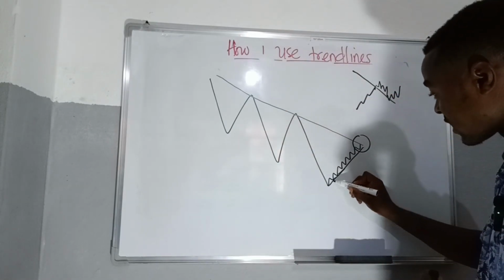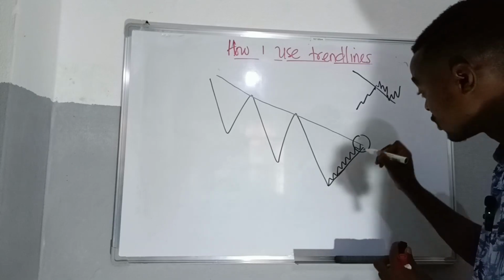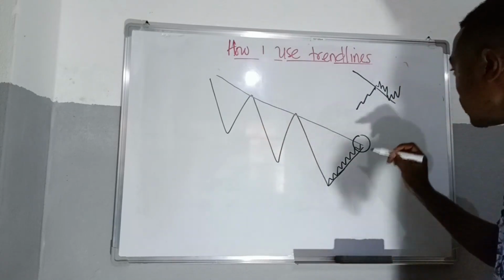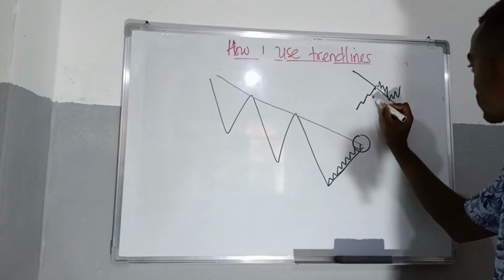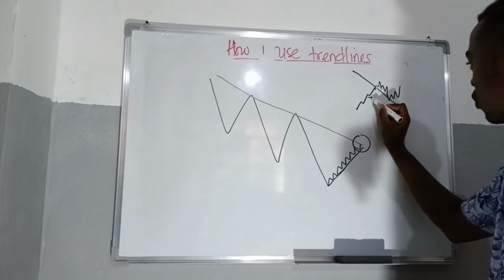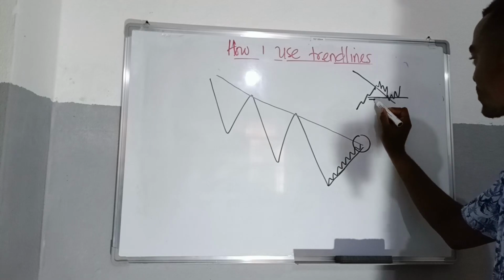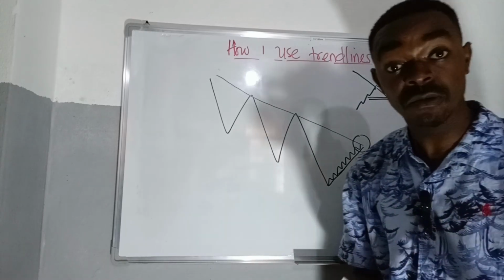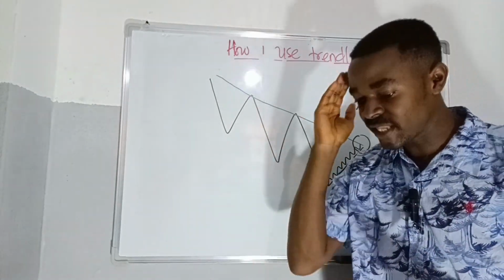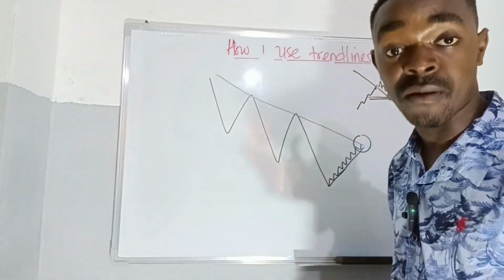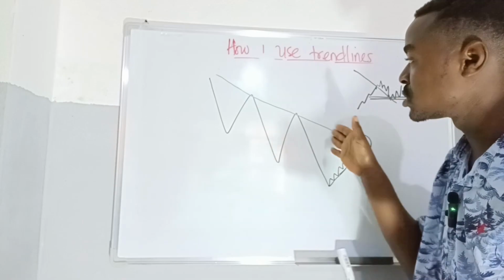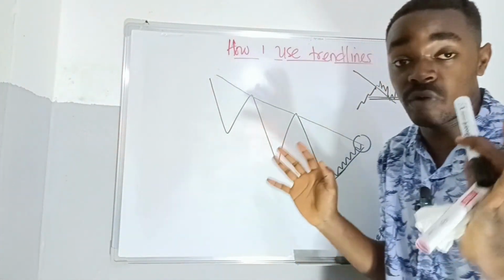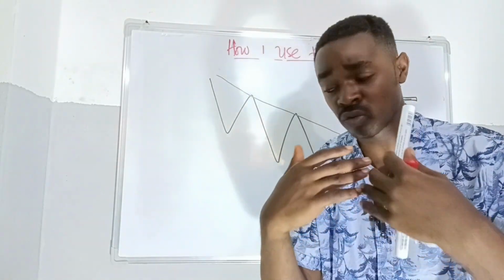So this trend line that brought price from below here to my major area where I want to sell, if that trend line has already been broken, and I see that price is finding it difficult to break a certain structure, I want to highlight that structure and simply wait on a time frame like the 4 hour chart. I see people trading trend lines on the 1 hour. Well, I don't know how much that works for you, except like I said earlier, maybe you could be a day trader.